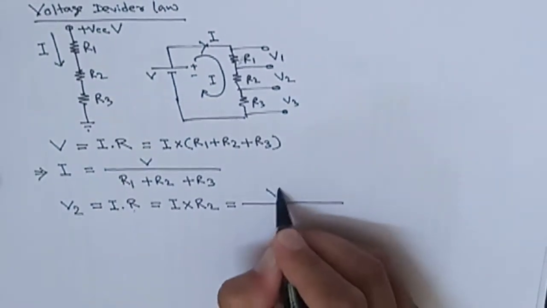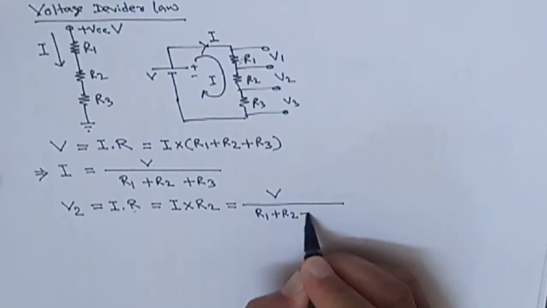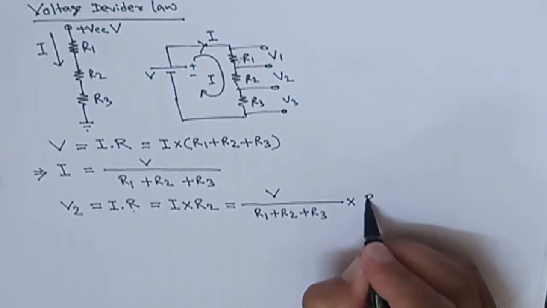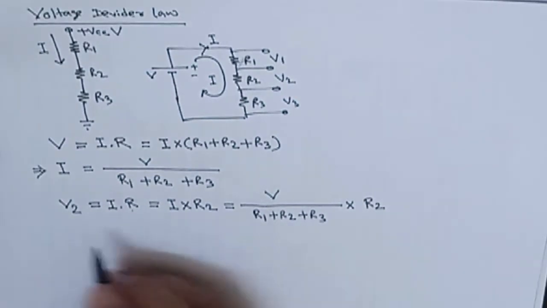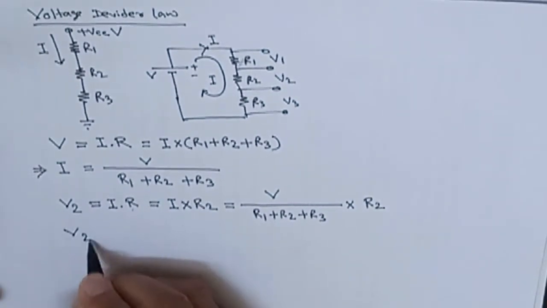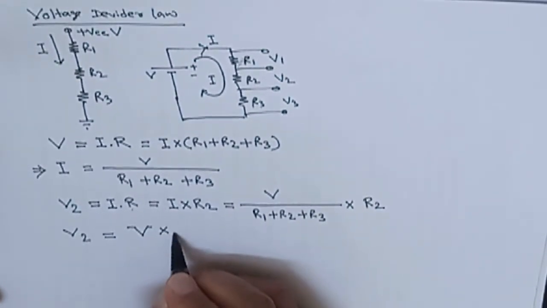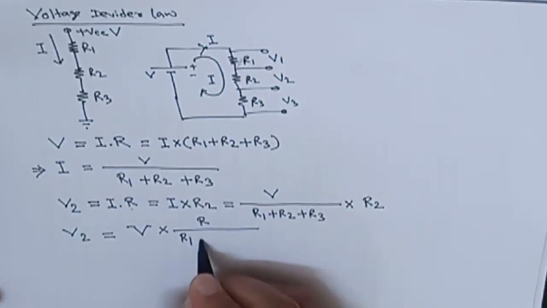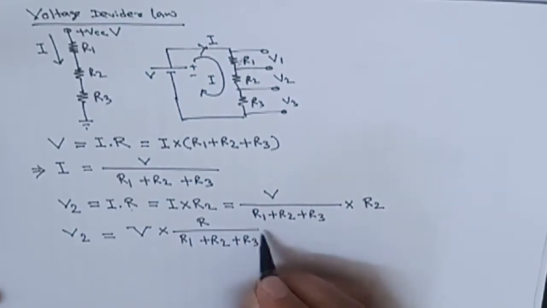I equal to V divided by R1 plus R2 plus R3, into R2. If we rearrange the formula, we will get the total voltage across the circuit into R2 divided by R1 plus R2 plus R3.